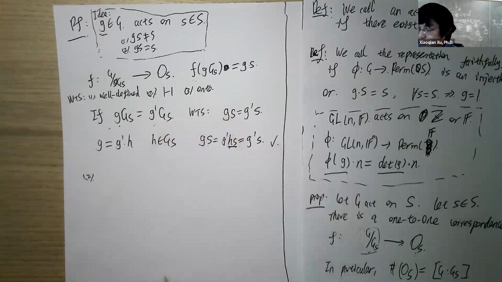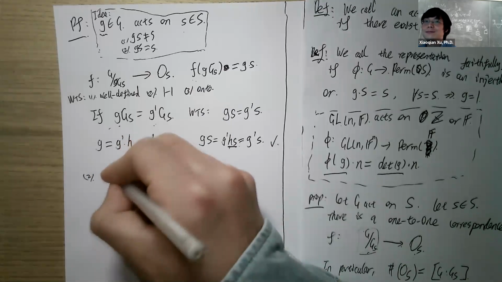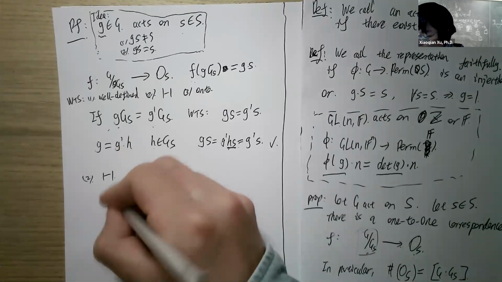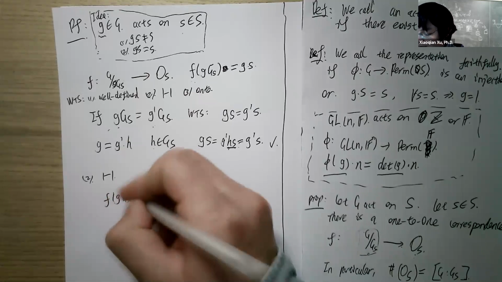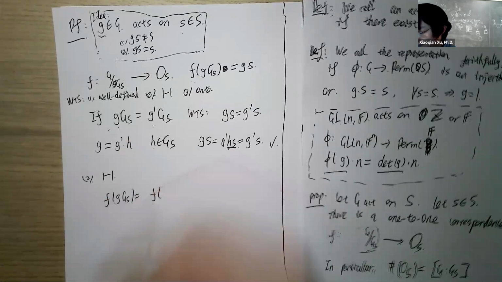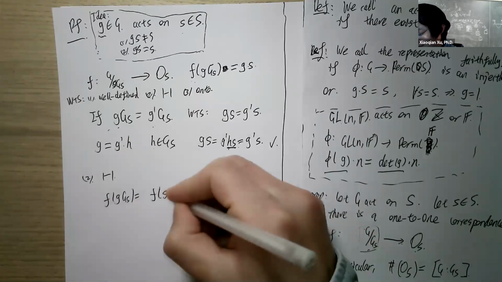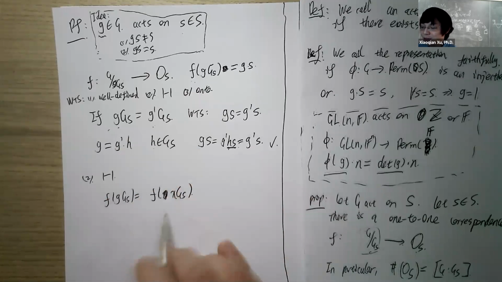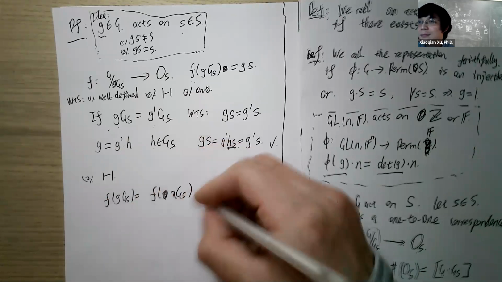Then we have to show it's one-to-one. It's one-to-one because if F of g G_S equals F of x G_S, there are two elements that are the same. That means xS equals gS. You want to show that these two cosets are the same. What does that mean?